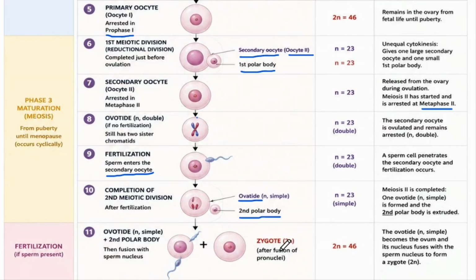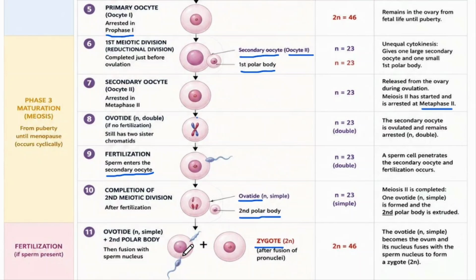For formation of the zygote, the nucleus of the ovum fuses with the nucleus of the sperm cell.